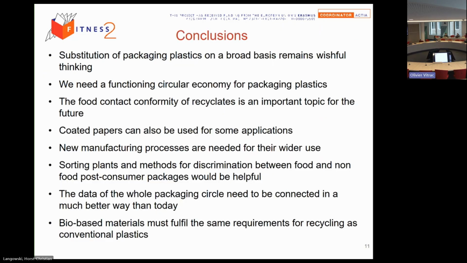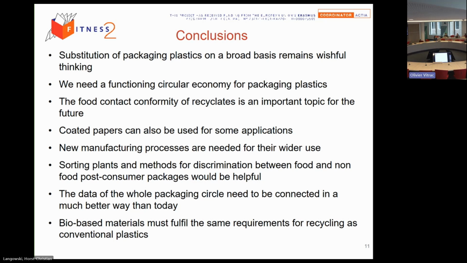Okay, finally, my conclusions on that. If people think that we simply can replace plastics, we end up in a lot of problems. We need this circular economy. We also need to think about, and this is a very big thing, food contact conformity of recyclates.